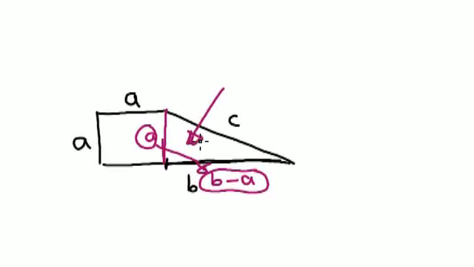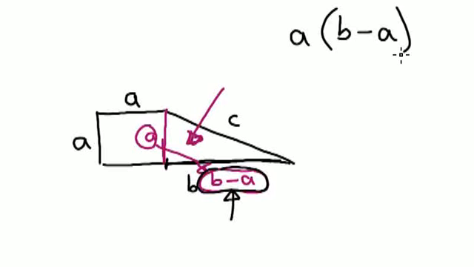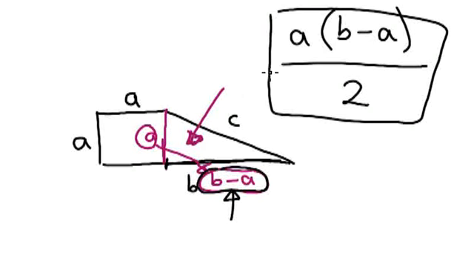That would give us this whole thing here. So for the triangle, it would be A, and then because this exists in a bubble, because you've got to work this out first, we've got to use brackets. So A times that bubble there, divided by 2. This whole thing here would give us the area of this triangle here.